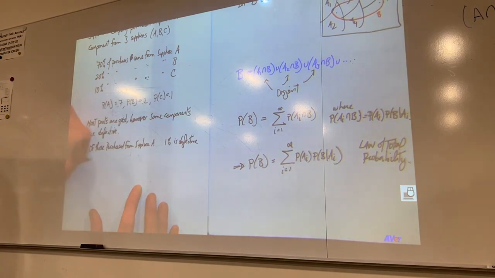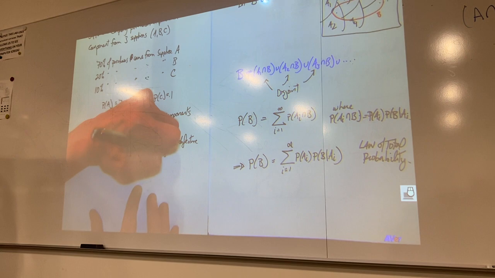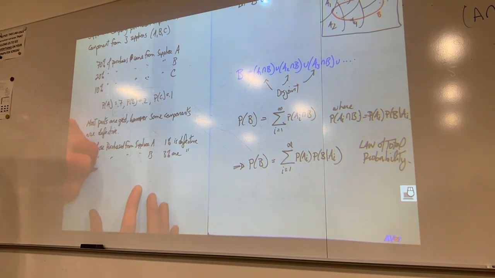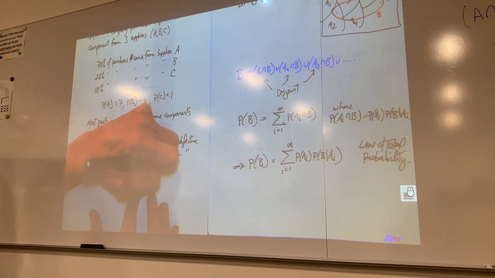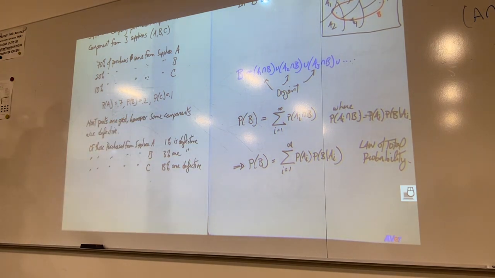Of those purchased from supplier B, 3% are defective, right? And of those purchased from supplier C, 8% are defective. Which is probably why we only get 10% of our stock from supplier C, right?